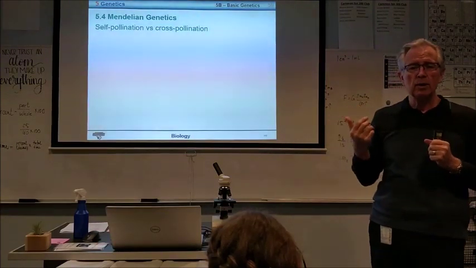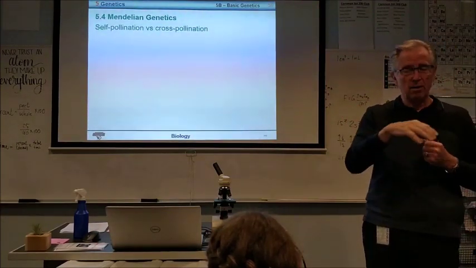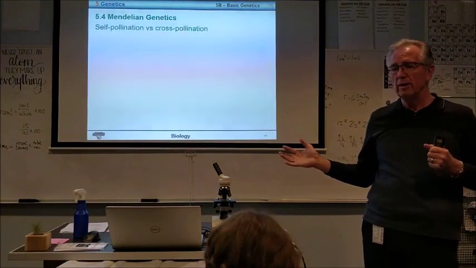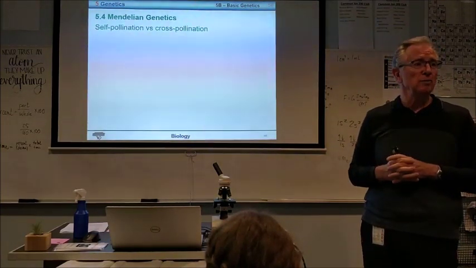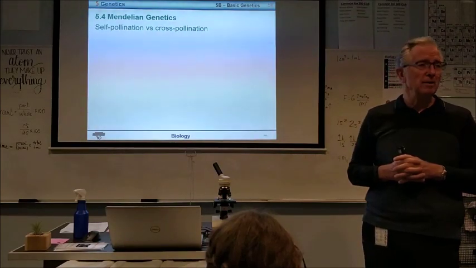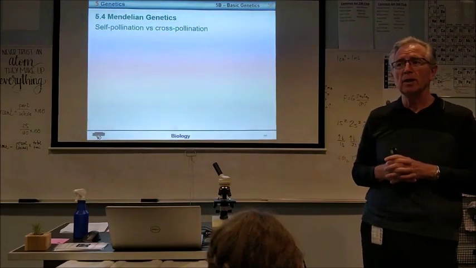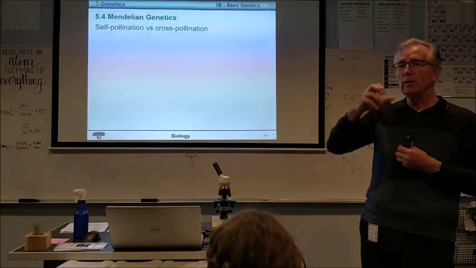One of the things that we do in our area, we grow so much corn. Have any of you ever been part of a detasseling crew? Anybody? Nope. It's good money, hard work, but it's good money. They pull the tassels off.